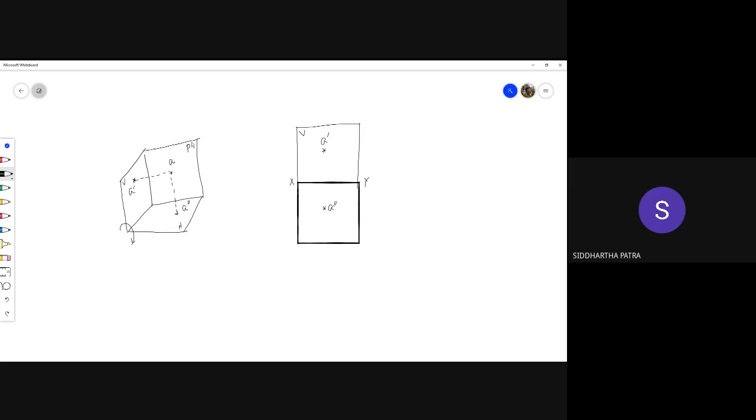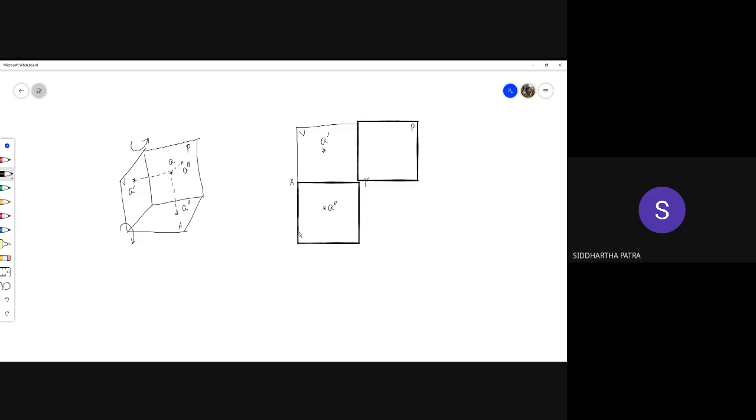Now, in a similar way, we can project this point on the profile plane, A triple prime, and we can take the projection on the profile plane and then rotate the profile plane in the direction shown. After taking the projection, we can also align the profile plane with the vertical plane in order to have the side view.